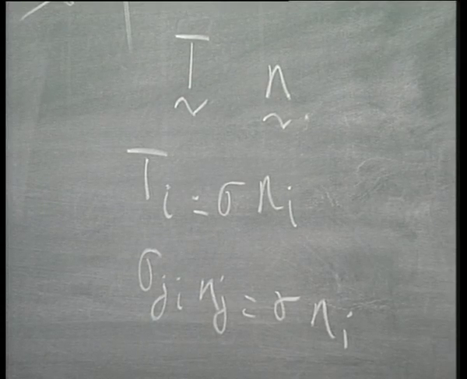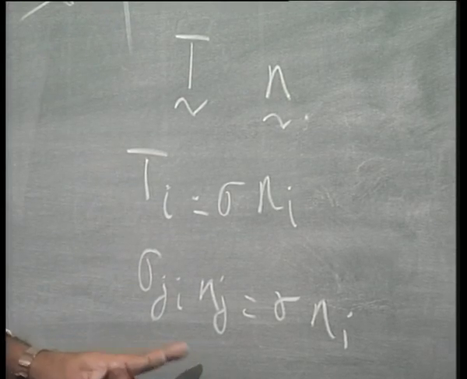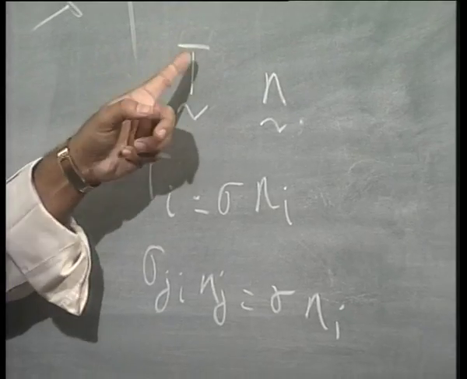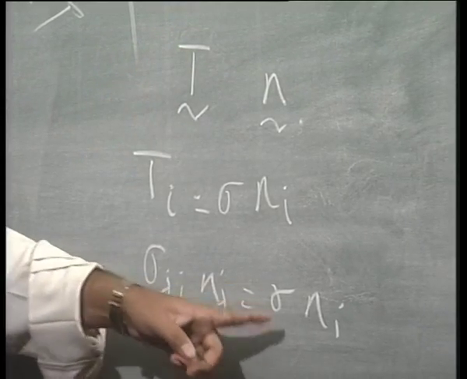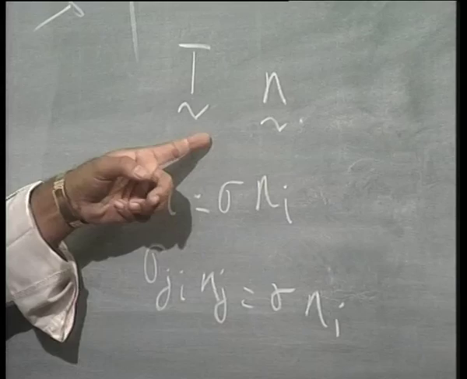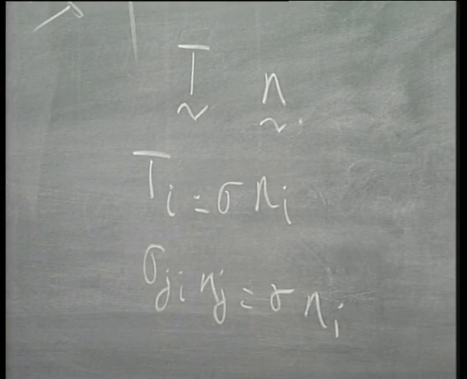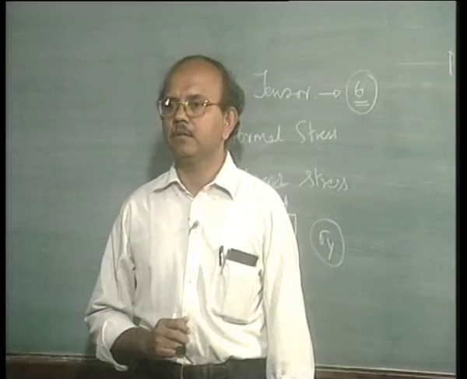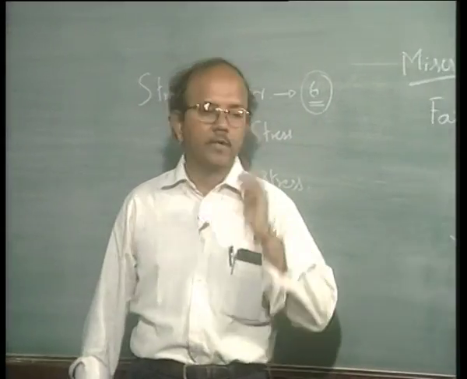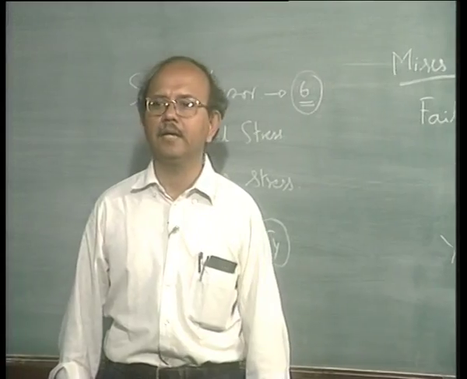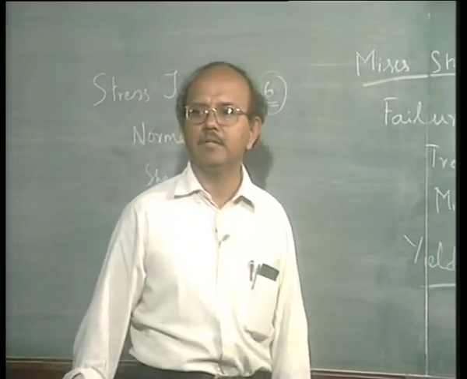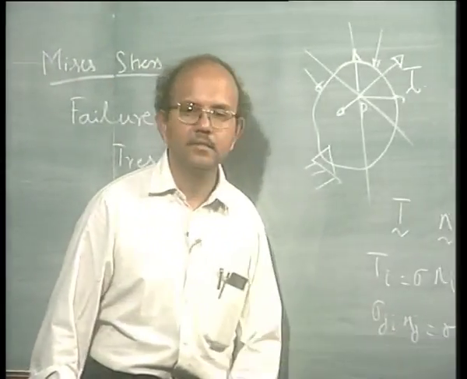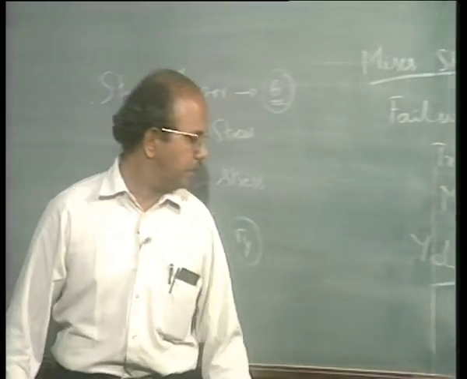Though we started from here and came here, you can always go back and say that if I get eigenvalues, it means that they are nothing but the principal stresses. Is that clear? Okay. Now let us write down ni in terms of delta ij sigma nj.